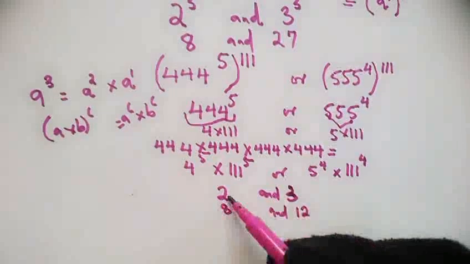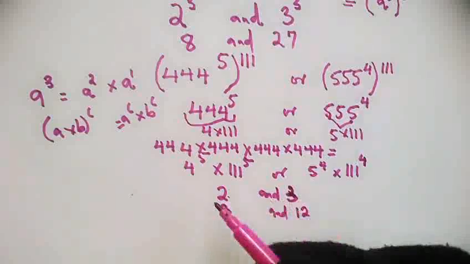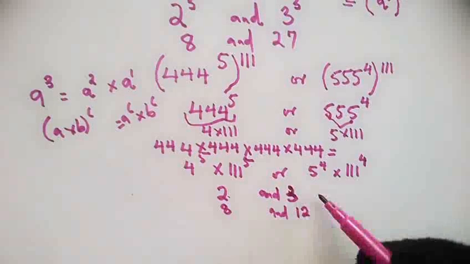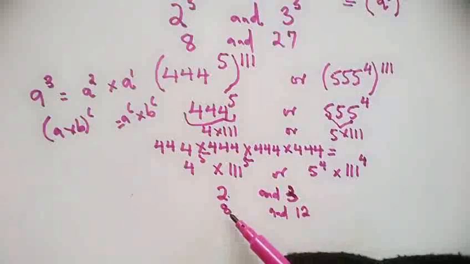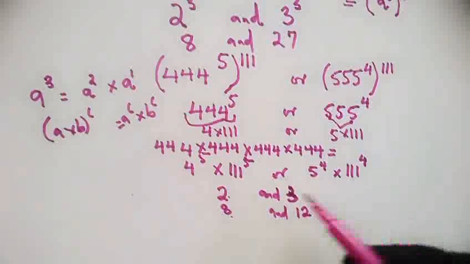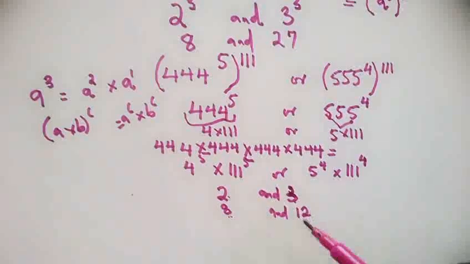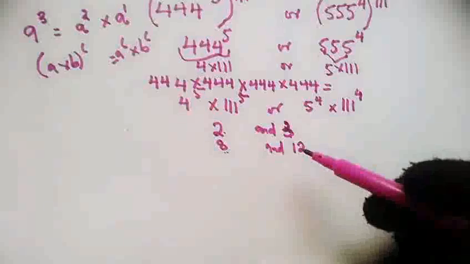So since 2 is less than 3, the same number you multiply to this side and to the other side, the new number here must be lesser than this number here. Even if you multiply by 10, you get 20 and 30. 20 is still less than 30. Okay, now why do I do this?